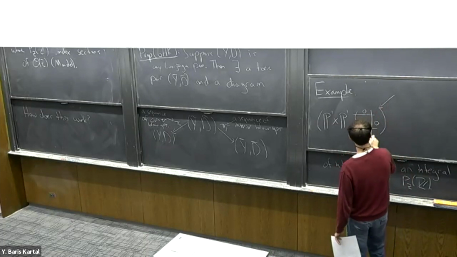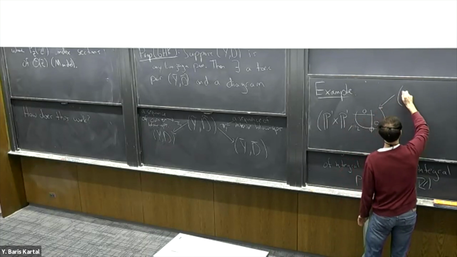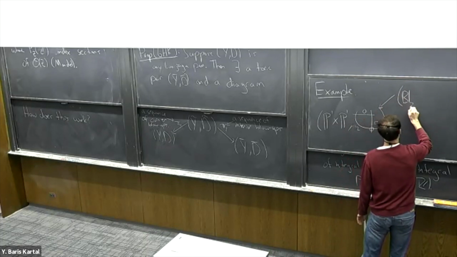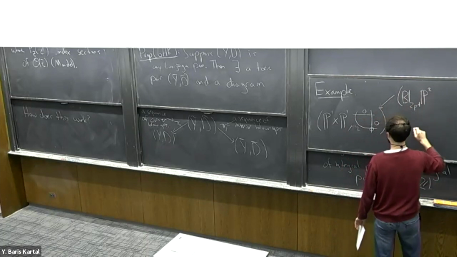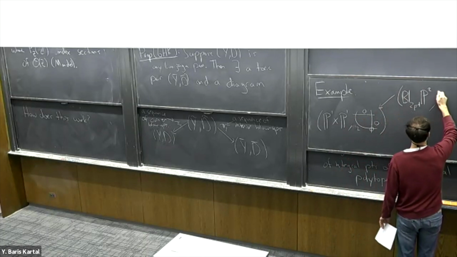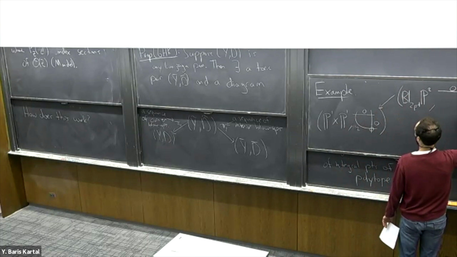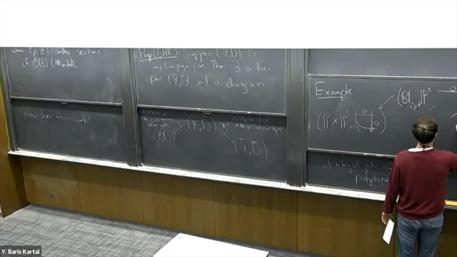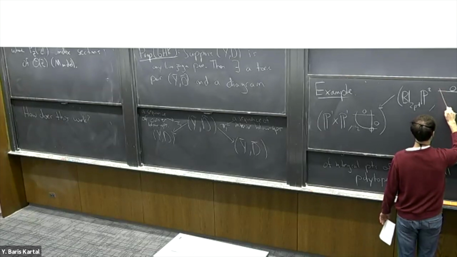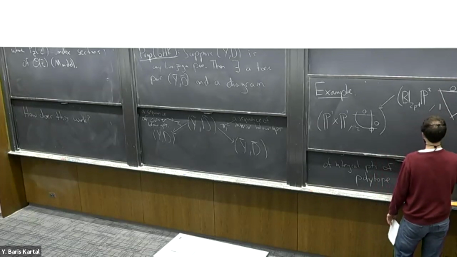What I can do is blow up at this corner, and I'll get some other pair, which, if you think hard about it, is the blow up at 2 points of P2. The boundary divisor now looks like this: 0, -1. I have this -1 curve E, and this has self-intersection 1.